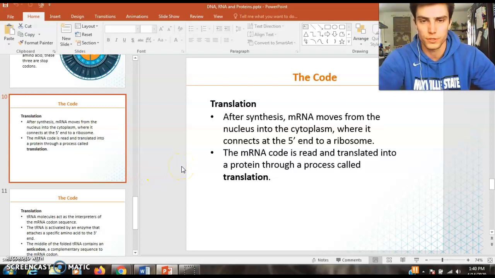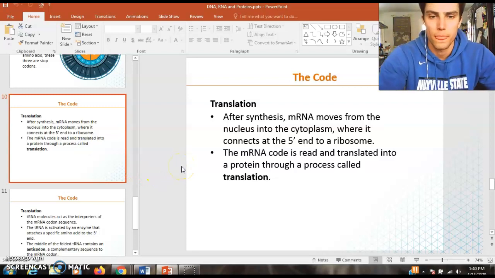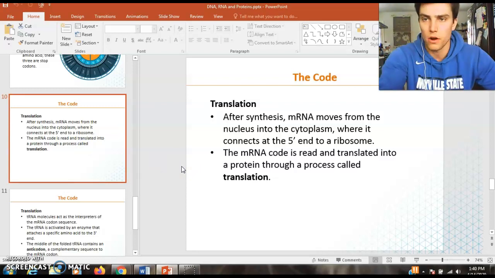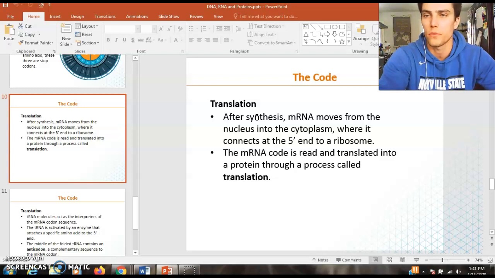We talked about transcription, so now we have to talk about translation. After synthesis, we go from mRNA to an amino acid, or protein, however you want to put it. After synthesis, mRNA moves from the nucleus into the cytoplasm, where it connects at the 5' end to a ribosome.